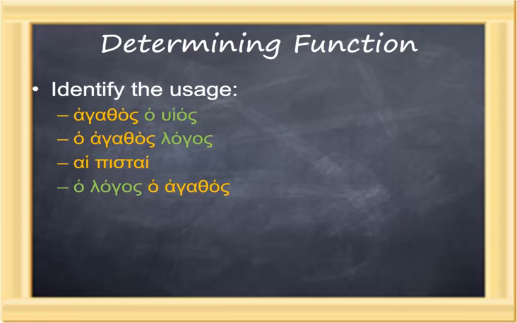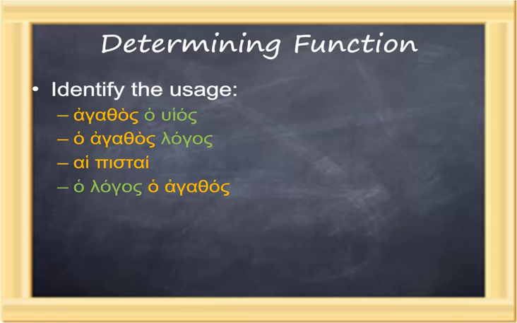Example number 3, hai pistai. The adjective pistai has an article. It's articular, but it does not have a noun with which it agrees. So in this particular case, the adjective is functioning in a substantival way, the faithful women.